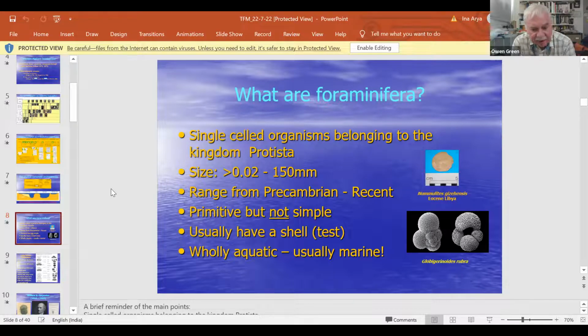There is some debate as to whether some now might range into freshwater type environments, but that's only around places like where the Amazon is flowing into the Atlantic. Usually they are considered to be fully marine. Okay, next slide, please.